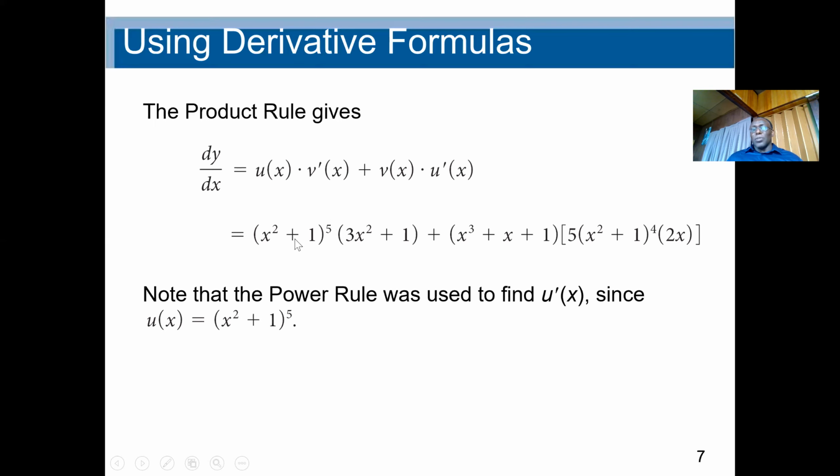S squared plus 1 will give me 2s, so multiply by 2x. So this will be the derivative 5(s squared plus 1) to the power 4 times 2x, which is the derivative of (s squared plus 1) raised to the power 5 using the chain rule. And then here they say we should note that the power rule was used to find the derivative of u, since u at x equal to (s squared plus 1) to the power fifth.